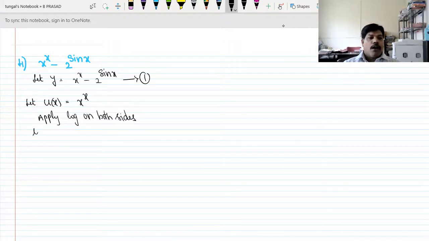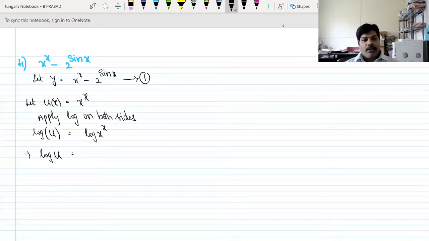Log u is equal to log of x power x. That implies log u is equal to x into log x, since log x power x can be written as x log x.